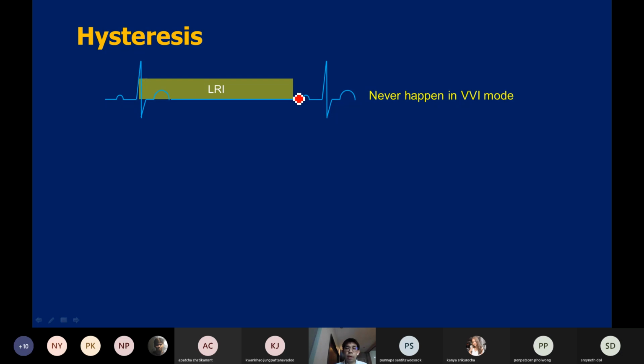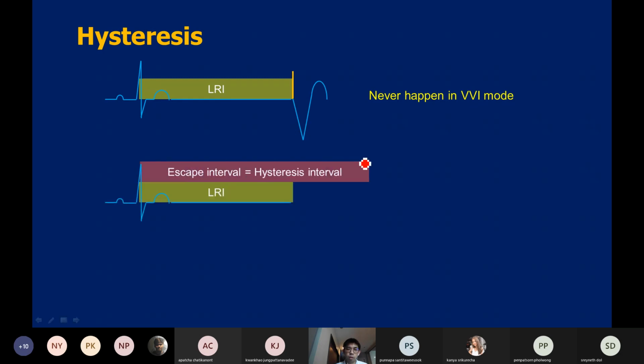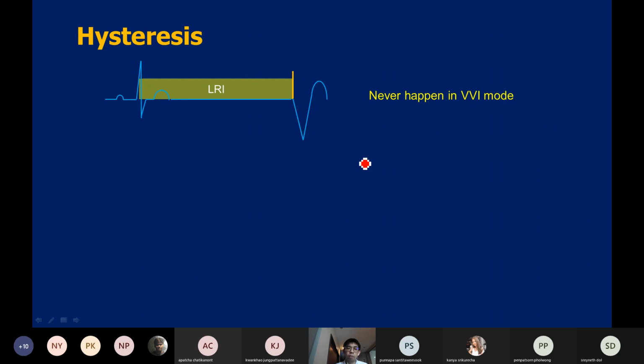The pacemaker should pace at the end of the yellow box, but it did not pace. It waited further until the P and QRS complex came. This is what it should look like. It should pace here. But from that example, it did not pace.